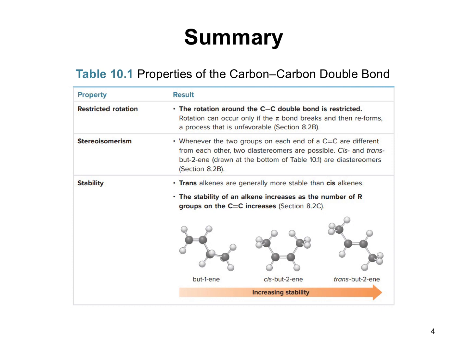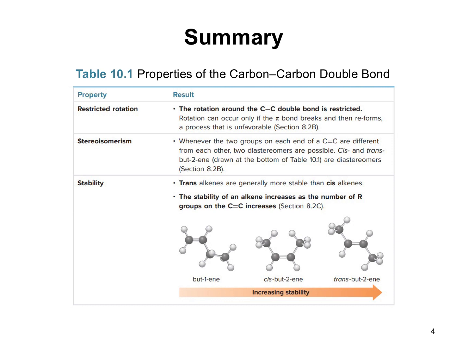The trans alkenes are generally more stable than the cis because of steric hindrance. If you are here in this cis isomer, there's a lot of steric interaction here. What we also find is that the stability of the alkene increases as the number of R groups on the carbon-carbon double bond increases. And we talked about that in chapter 8. So we can see here an example of increasing stability.